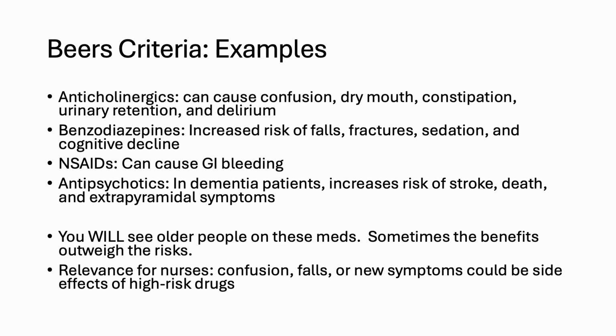In that case, the benefit might outweigh the risks. This is all extremely relevant for nurses because you are going to work with a lot of elderly people who have polypharmacy. And so it's going to be very useful for you to know that all these meds can have stronger and more serious effects on elderly people, and that can guide your nursing interventions.